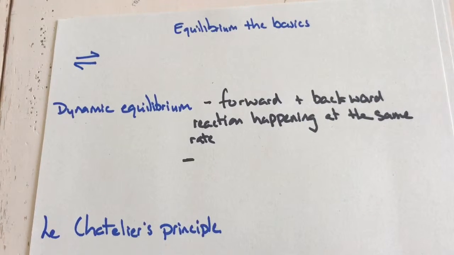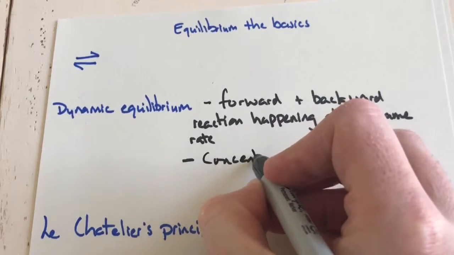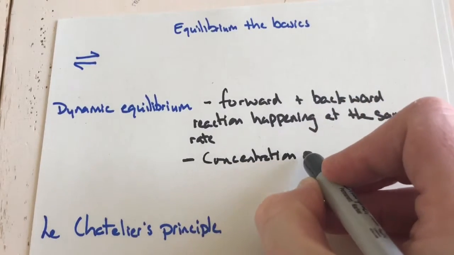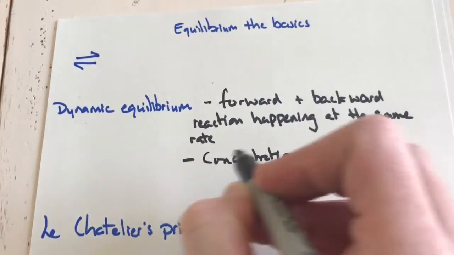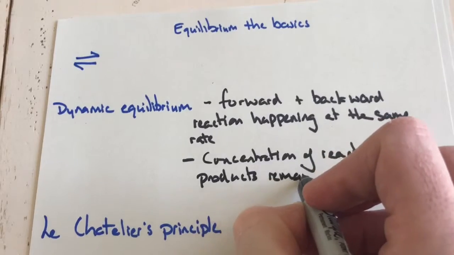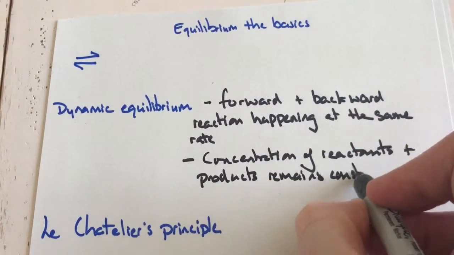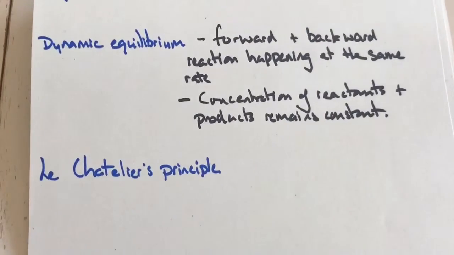So that also defines a dynamic equilibrium: reactions going forward and backward at the same rate, but also a point where the concentration of the reactants and products remains constant.